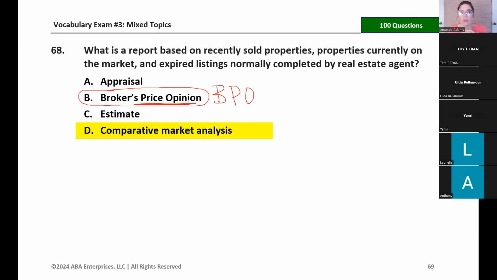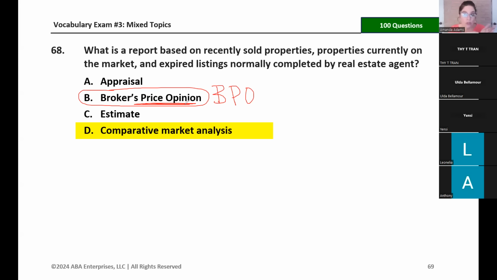So if you are looking to buy a property in another area that you're not familiar with, Rajneet, and it's a commercial property, you might call up a commercial broker in that area and ask them for their opinion of the value of the property, because they would have more insight into it. It's a way to get an idea about the value without having to do a formal appraisal.